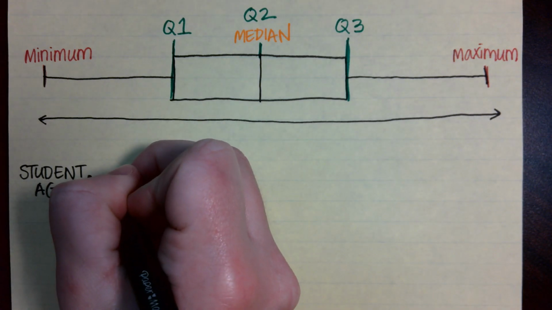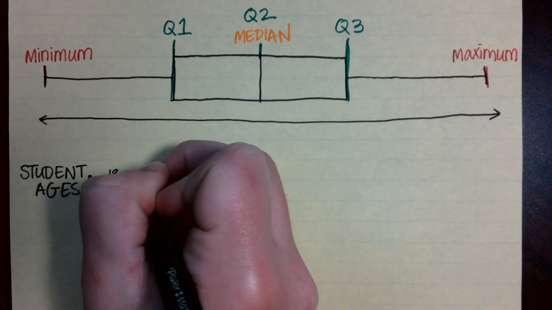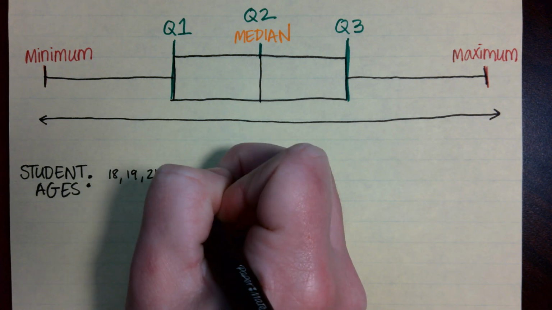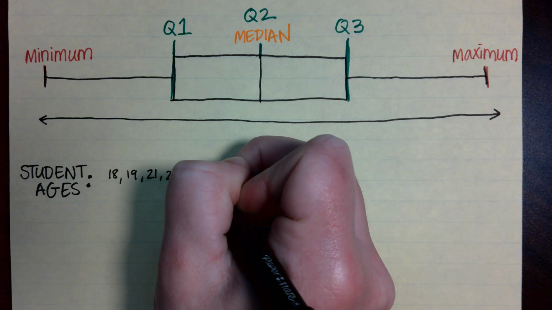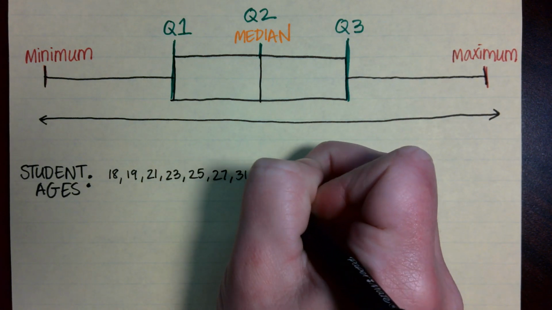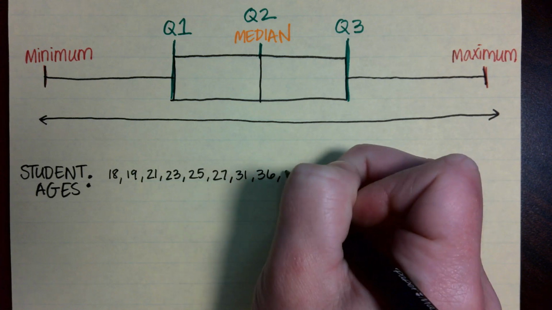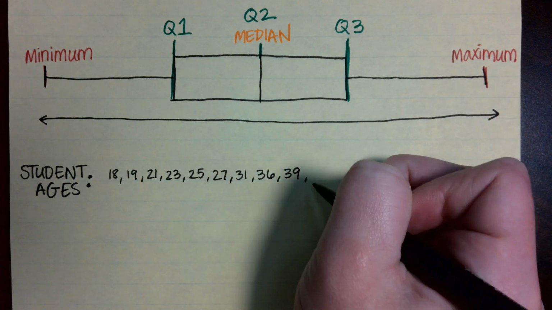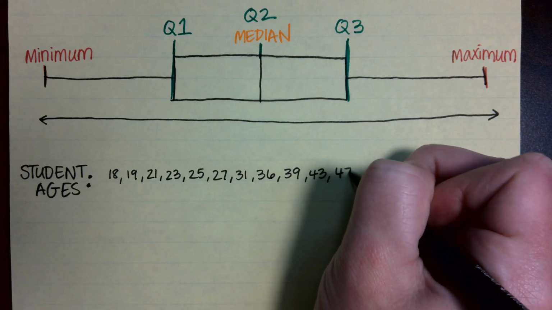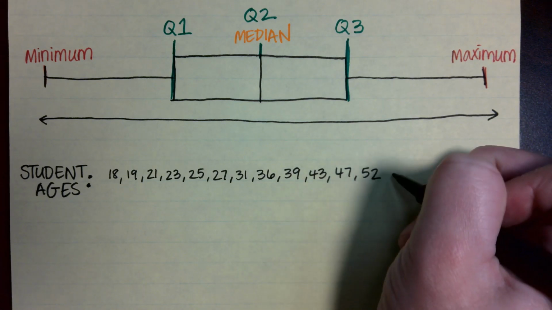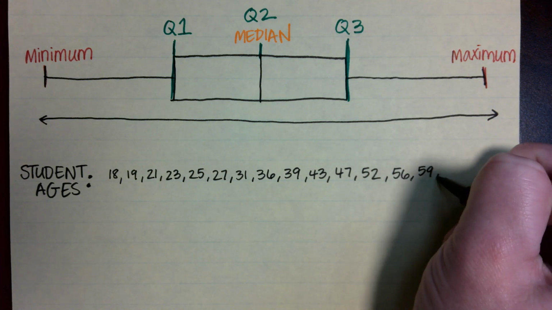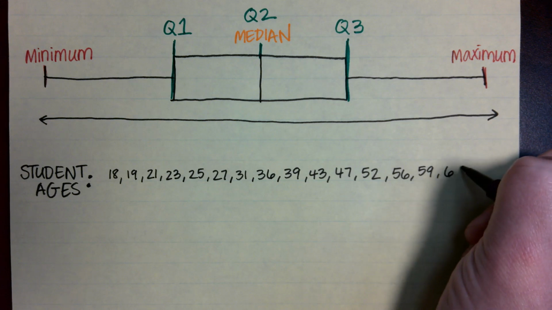So I've got 18, 19, 21, 23, 25, 27, 31, 36, 39, 43, 47, 52, 56, 59, 65, 72.